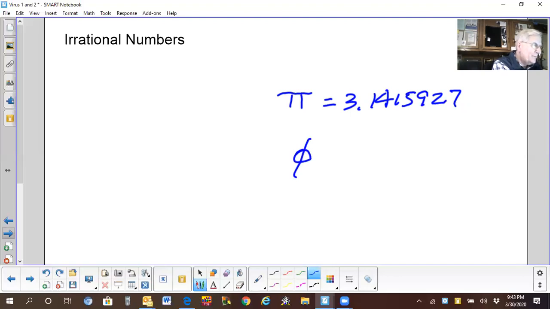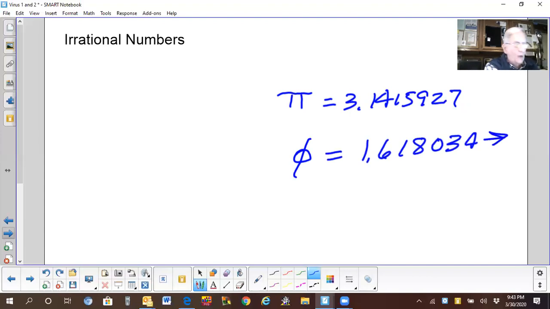Phi, of course, we have been discussing it in class also, 1.618034. It continues on forever, all over the place, okay? It's not a repeating number at all. And since it goes on forever like this, just like pi does, it is referred to as an irrational number.